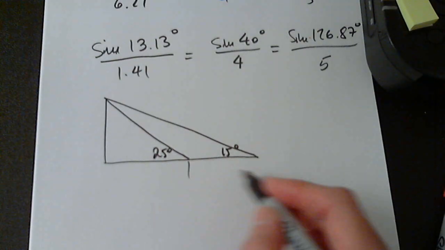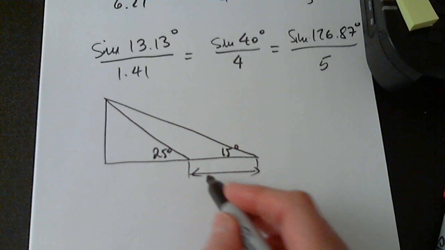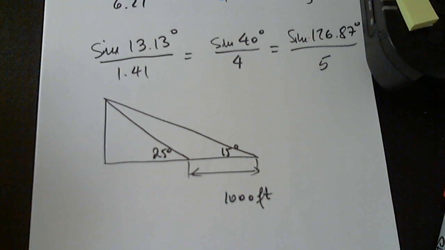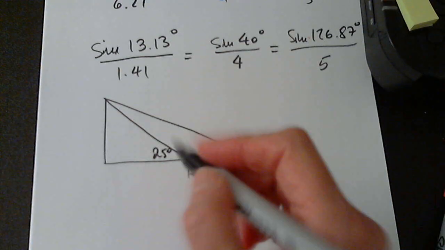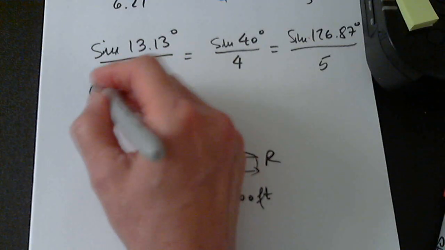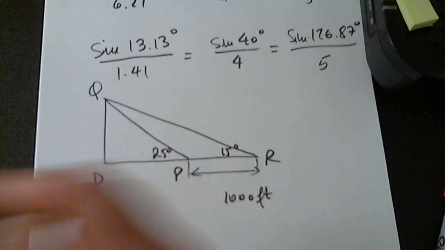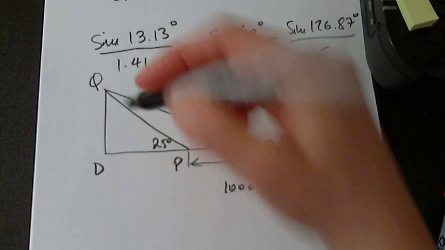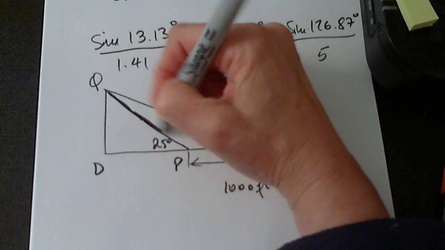And at the base of the mountain, we have 1,000 feet between point P and R. So this is P, this is R, and at the top we have Q, and at the bottom we have D. What is the distance PQ? So they want us to determine this.